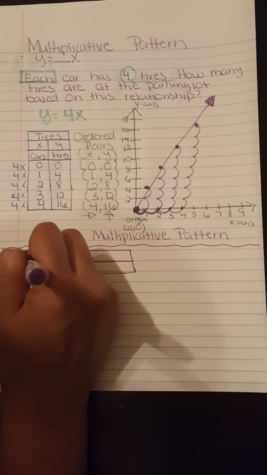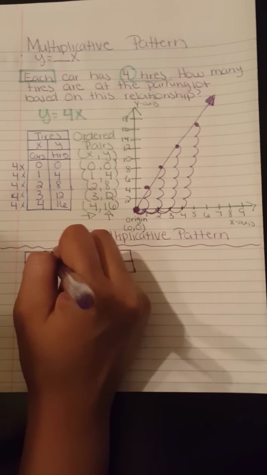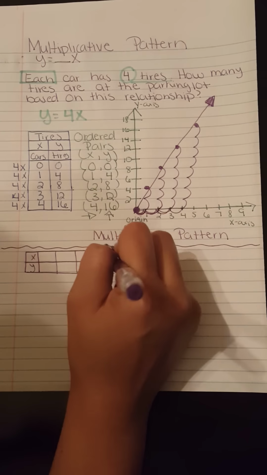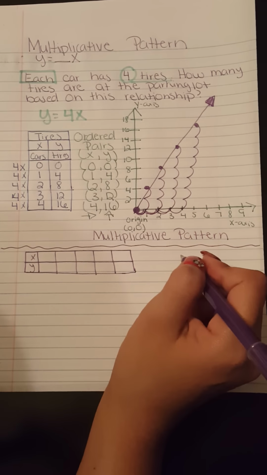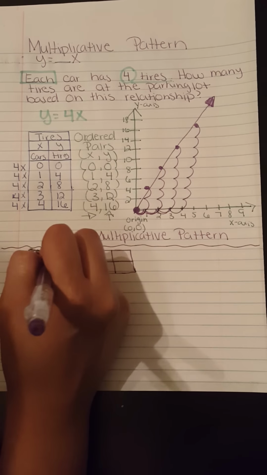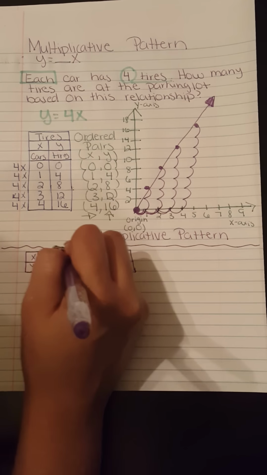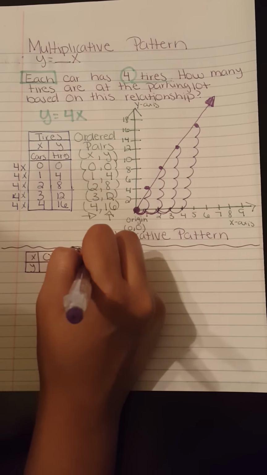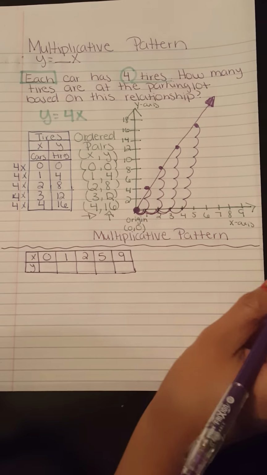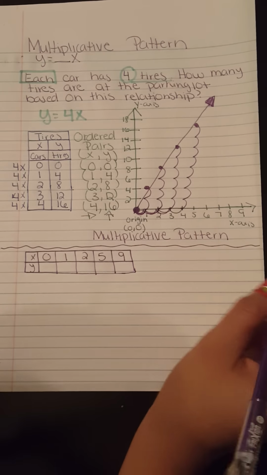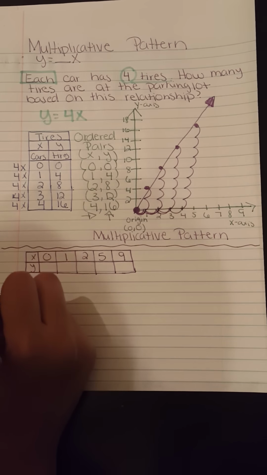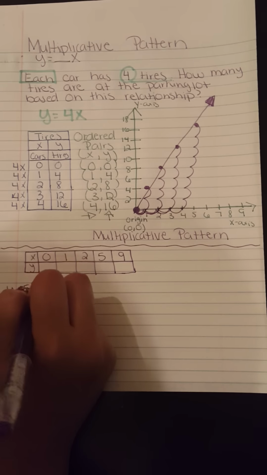This is my x and that's my y. 0, 1, 2, 5, 9. And the rule is going to be y equals 5x.